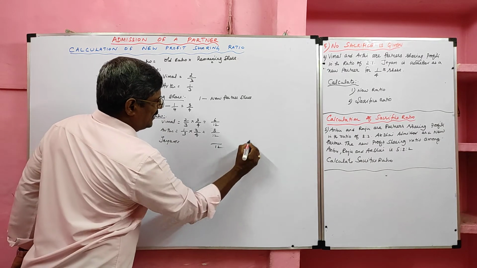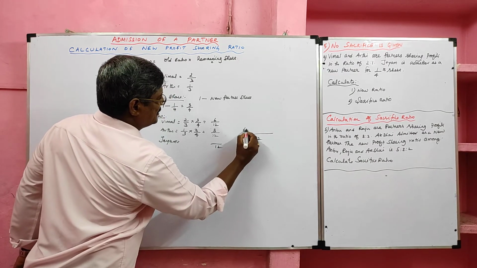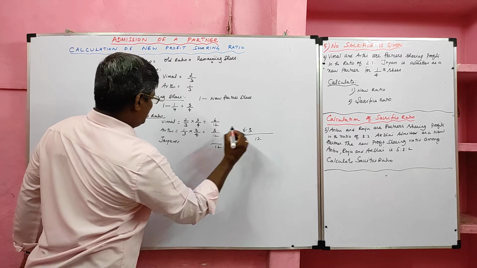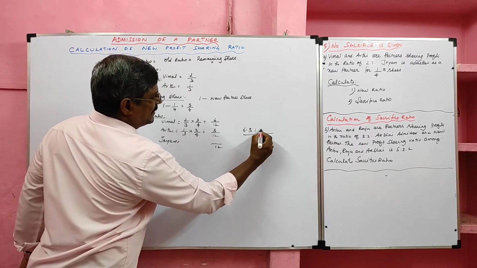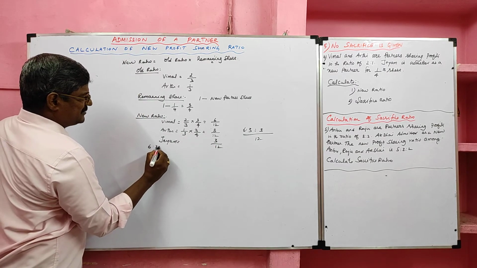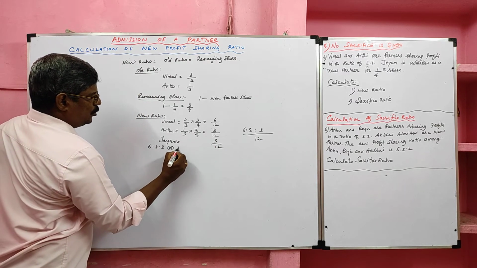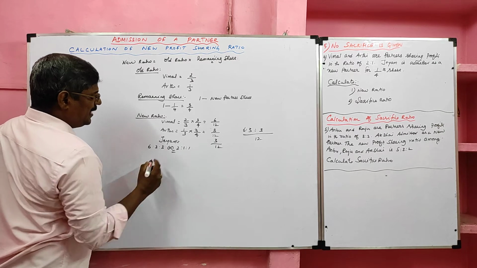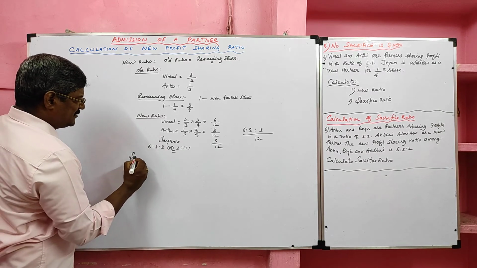Out of 12 shares, 6 shares are given to Vimal and 3 shares to Aarti, so the balance 3 shares are given to Jayam. So the new ratio is 6:3:3 or 2:1:1.